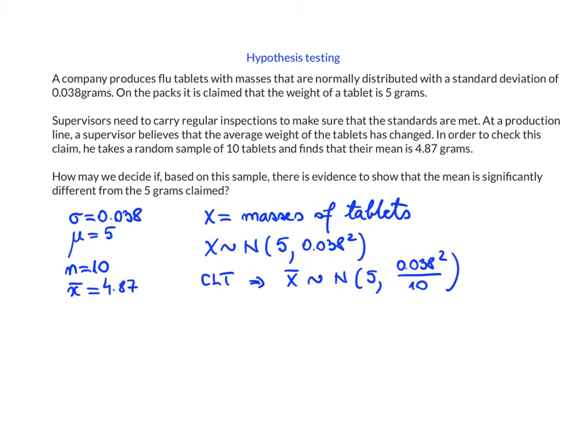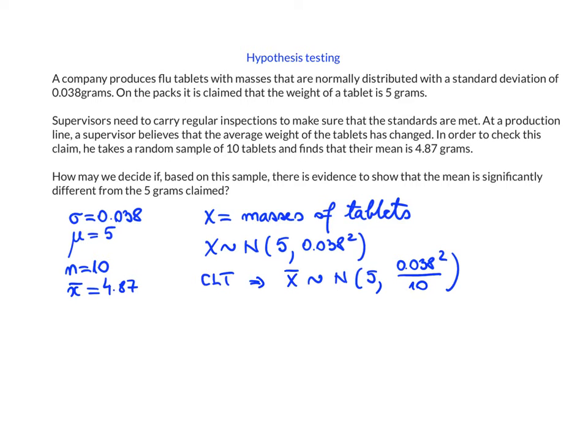Okay, so let's see how far 4.87 is on this distribution. So we need to make sure that we understand that this x bar, the mean of the samples, is not on the original distribution, but is on this distribution because it represents a mean.